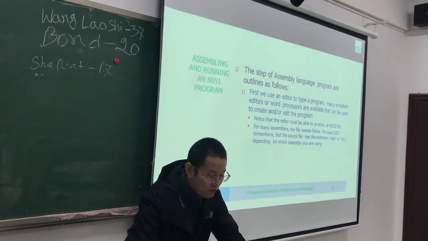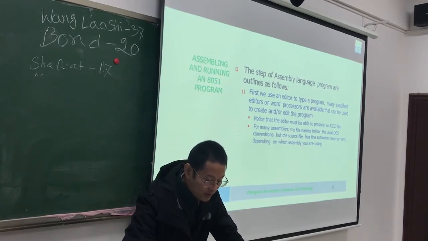The steps of assembly language programming are outlined as follows. First, we use an editor to type a program. Many excellent editors or word processors are available that can be used to create and edit the program.